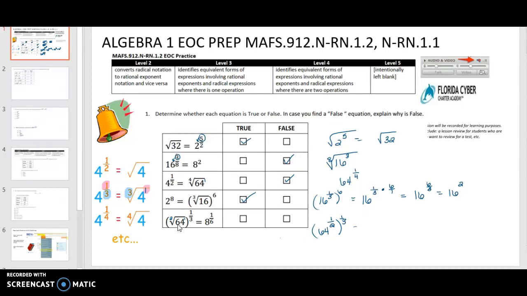Okay, so we're going to multiply. So we have 64 raised to the 1/2 times 1/3, which is 64 to the 1/6. All right, so we can easily see here that 64 to the 1/6 power is not going to equal 8 to the 1/6 power. So this statement is false.